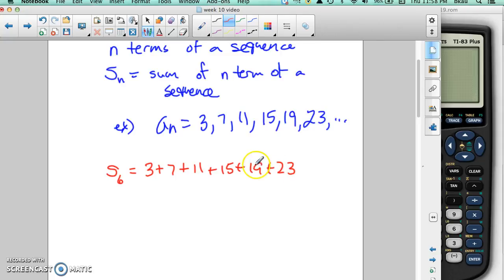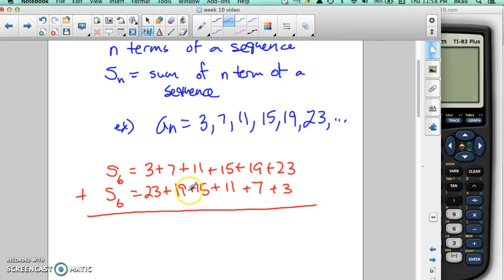Now we're going to do this by adding a second sum of 6 terms, but we're going to reverse them in order: plus 7 plus 3, and we're going to add these together.